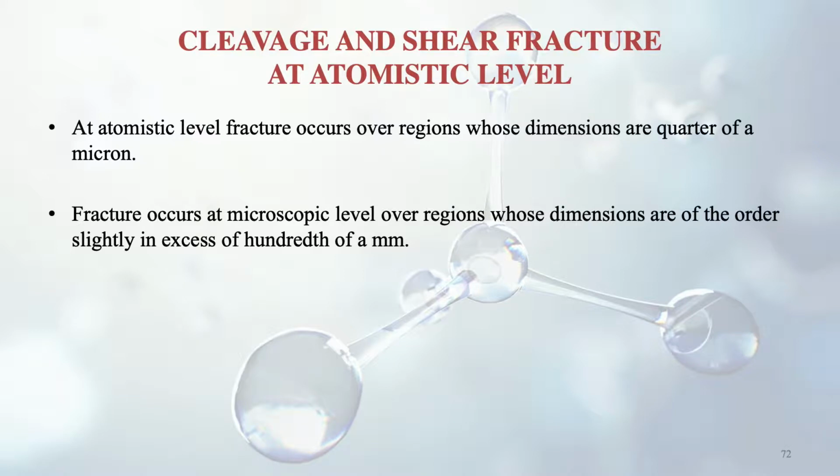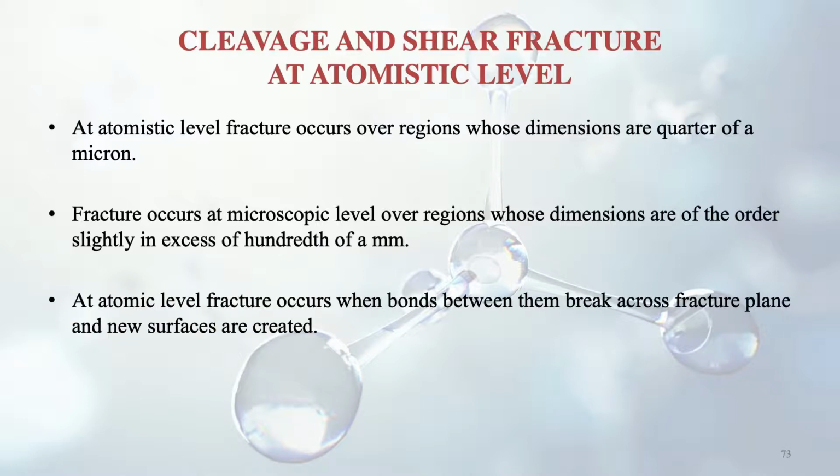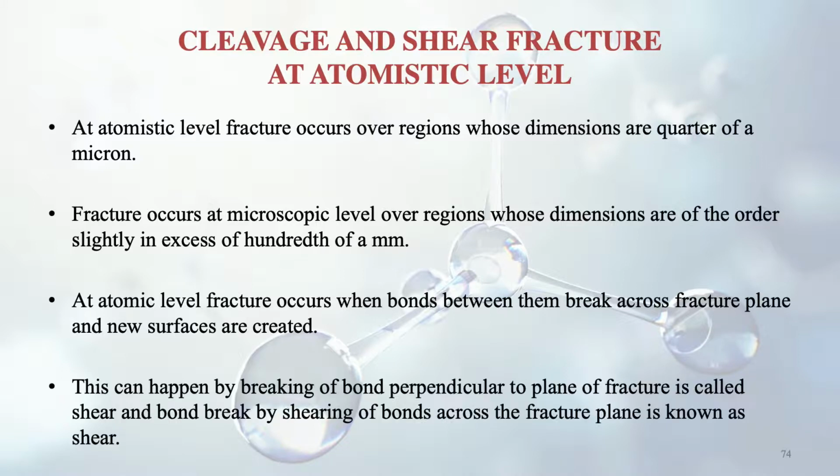So microscopic level types of fractures are like these, 100th of a mm. At atomic level, fracture occurs when bonds between atoms break across the fracture plane and new surfaces are created. This can happen by breaking of bonds perpendicular to the plane of fracture, and that is called cleavage, and bond break by shearing of bonds across the fracture plane is known as shear.